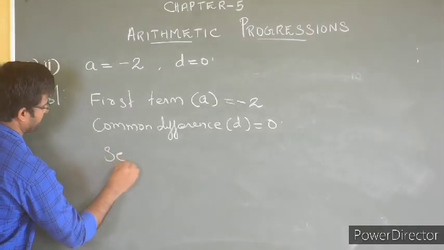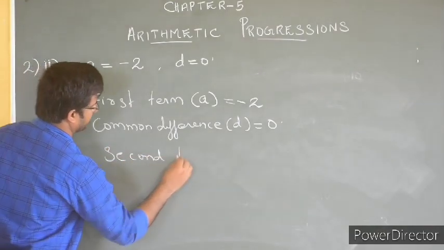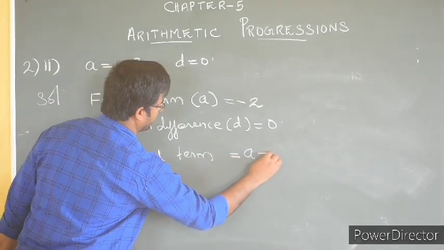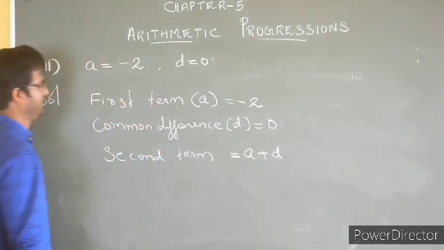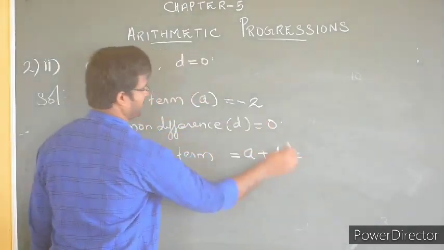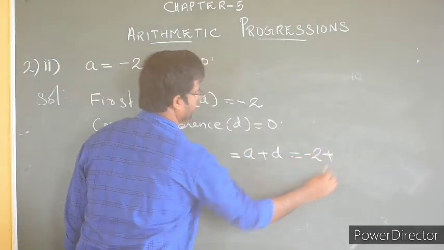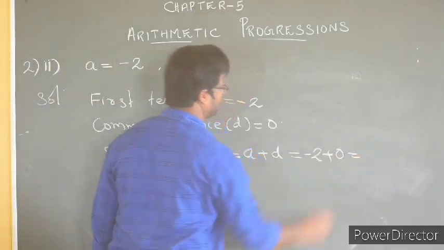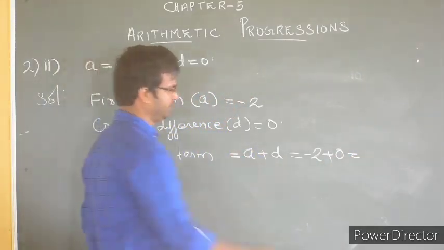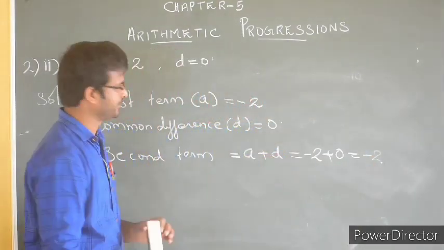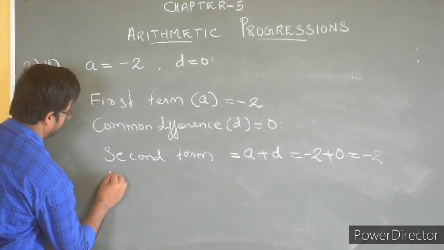Then the second term equal to first term plus common difference. In here first term is minus 2 plus d. d is 0. Minus 2 plus 0. Nothing. Same. Minus 2 only. 0, no need to write. Okay. Then the third term.